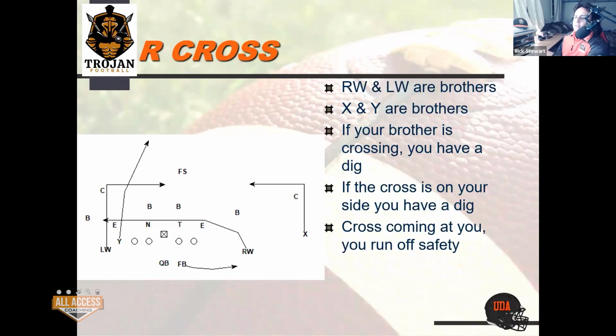The read is, if we're getting a zone look, we're really looking at the crosser. The crosser becomes the number 1 read. Right away, the quarterback catches the snap and snaps his eye to that outside backer to the twin side. If that backer drops into a zone look, we're snapping our eyes to the inside backers to see if that cross is going to open up.